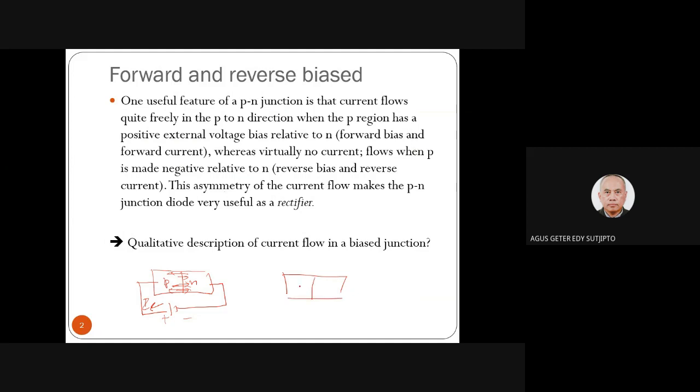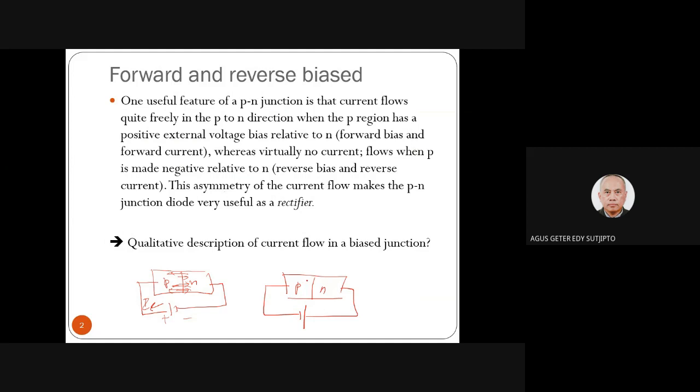If we have a P and N junction and then we apply the reverse bias, when the positive terminal is connected to the N and the negative terminal to the P, the excess electrons in the N region will be attracted to the positive terminal of the battery, and then holes from the P region will be attracted to the negative terminal of the battery.